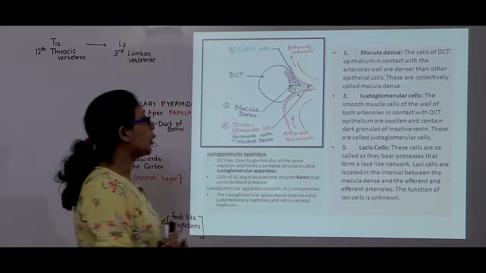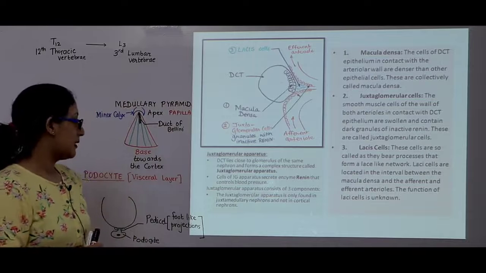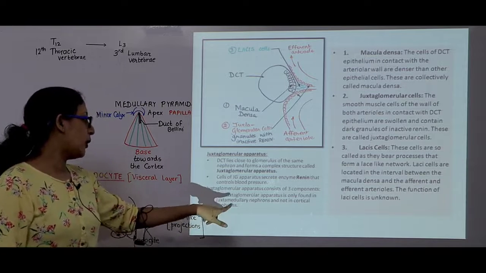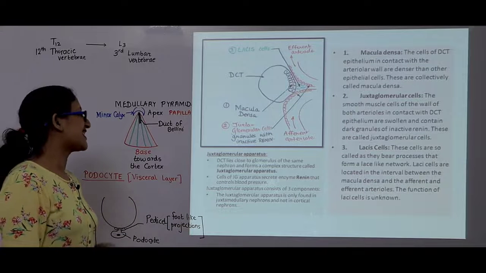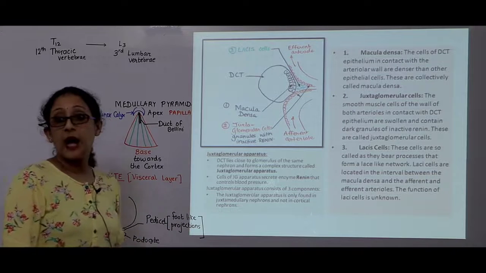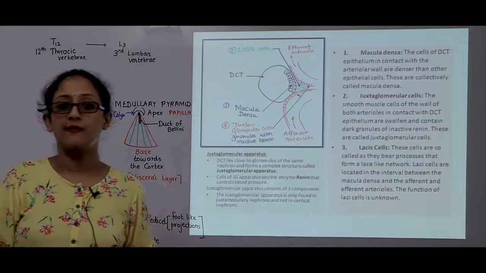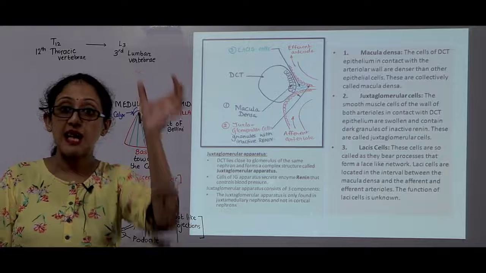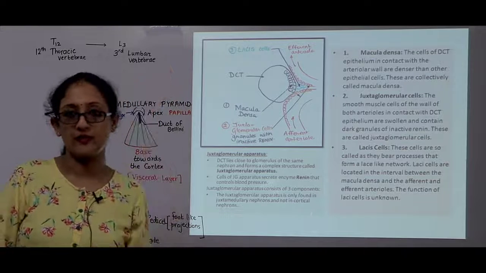Now, right now underline this line: they are found only in juxtamedullary nephrons and not in cortical nephrons. So, what are juxtamedullary nephrons? These have long Henle loops.